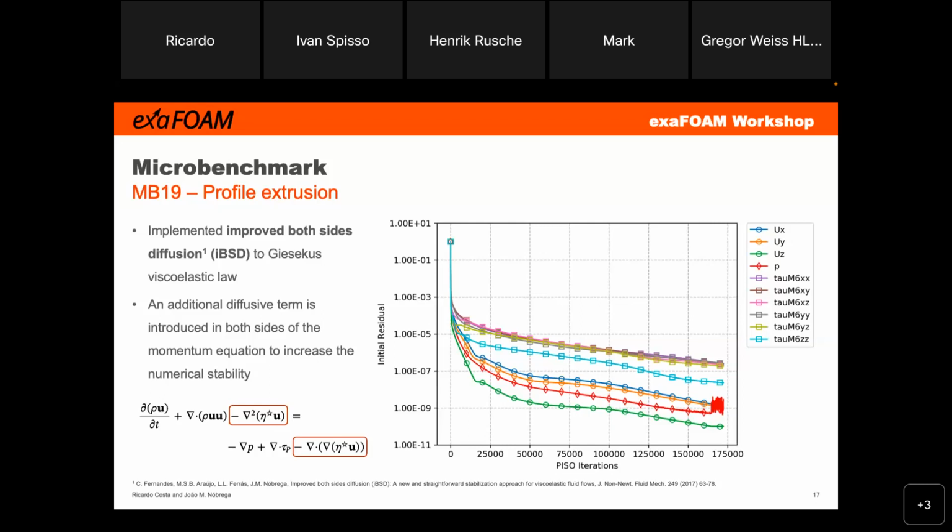So as I was saying, it was implemented already for UCM. We extended this to the Giesekus viscoelastic law. And as you can see now, we can converge smoothly and reach the steady state of our problem without any major difficulty.